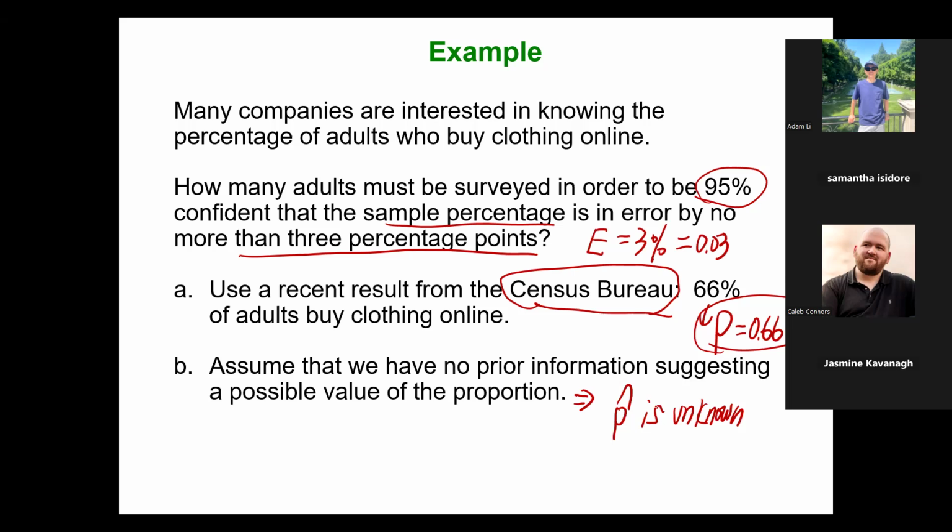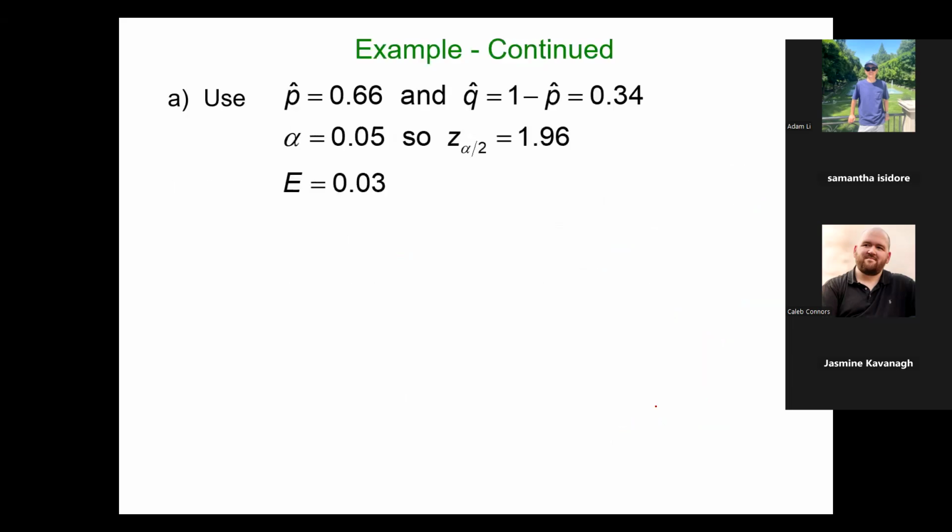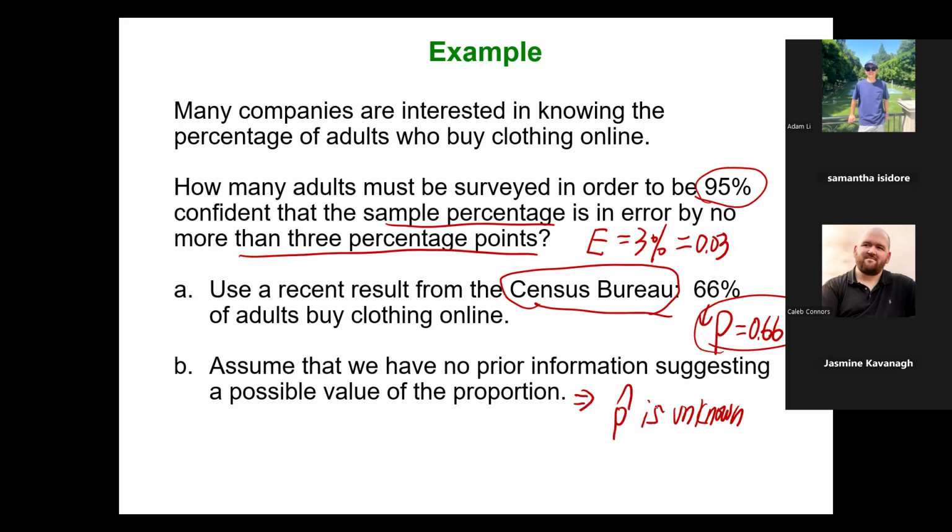And then we want to estimate the sample size. In the first case, P is 0.66, and because we know the population proportion, the sample proportion will be 0.66 as well.